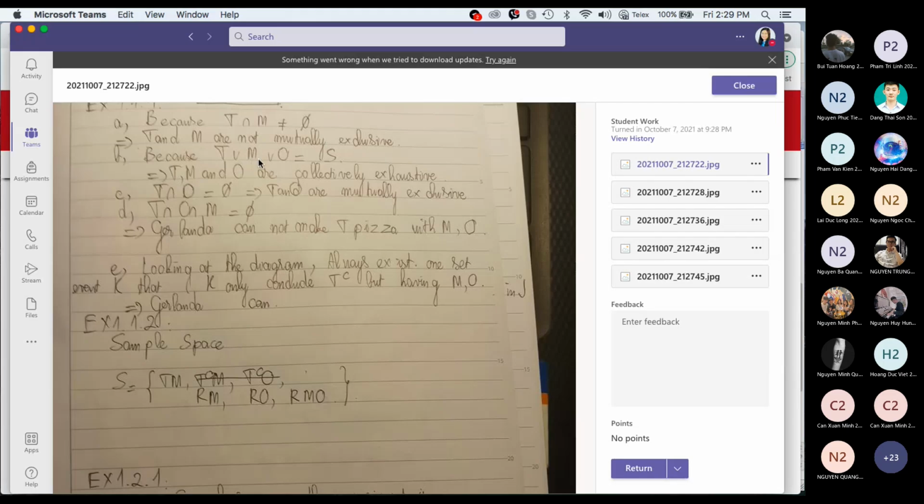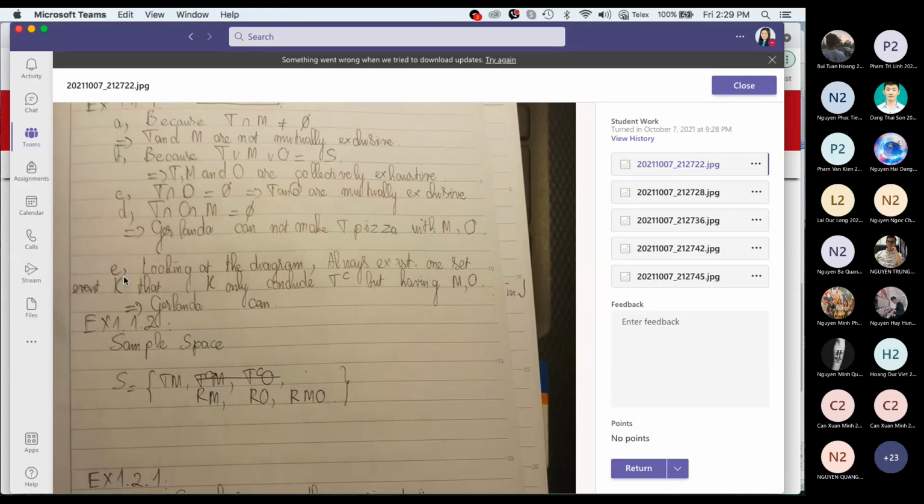Because T union M union O equals the sample space, T and O are collectively exhaustive, right? T intersection O equals the null set or empty set, so T and O are mutually exclusive. T intersection O intersection M equals the empty set, so Gendera cannot make a Tuscan pizza with M and O.